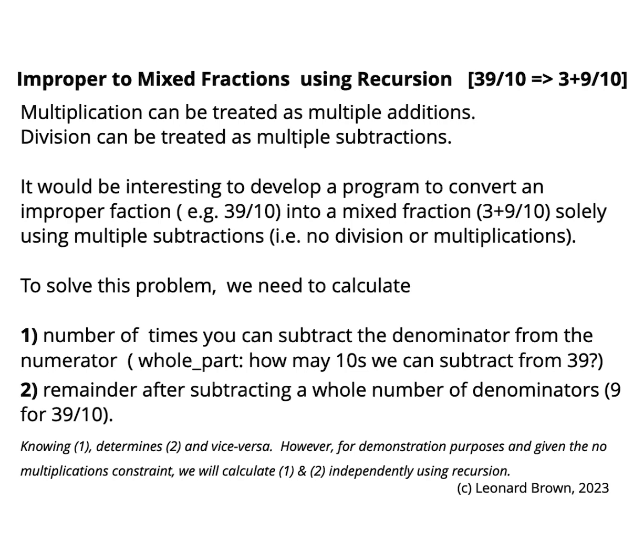For example, for the improper fraction 39 over 10, the remainder part would be 9. Knowing 1 determines 2 and vice versa. However, for demonstration purposes and given the no multiplication constraint, we will calculate 1 and 2 independently using recursion.